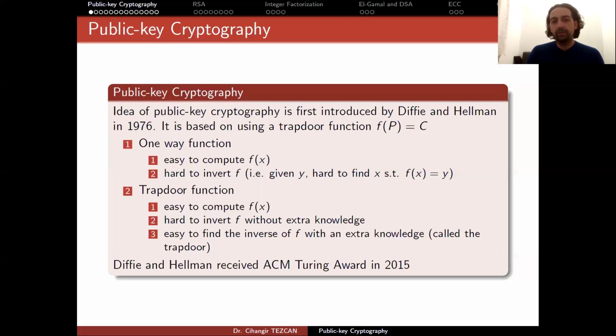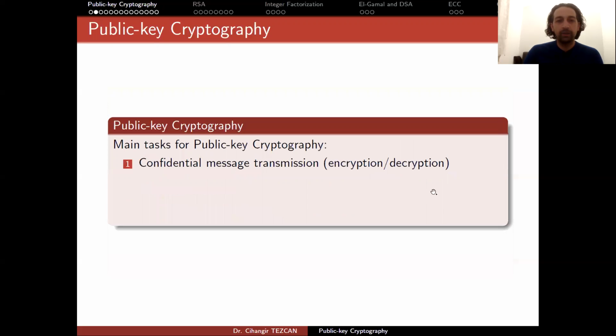But in that paper, although they couldn't give us a public key encryption algorithm, Diffie and Hellman introduced a key exchange algorithm, which is still used, which is actually almost all the time used by us when we connect to a web page and so on. So this is actually one of the reasons they received the Turing Award.